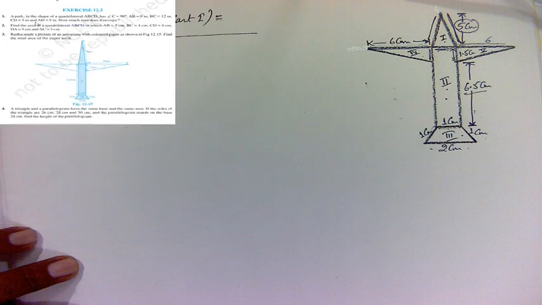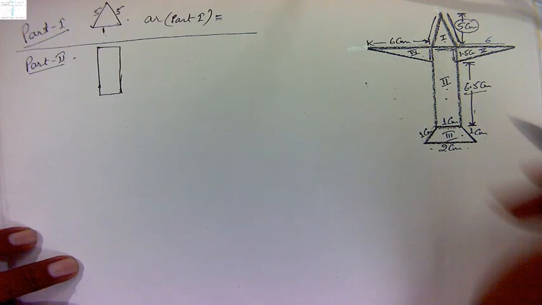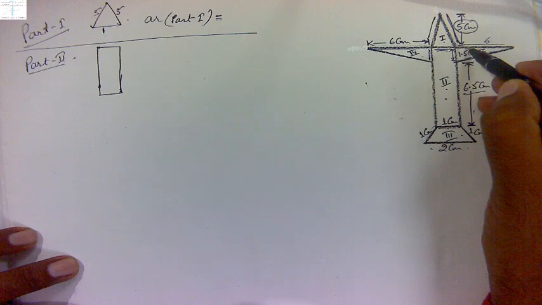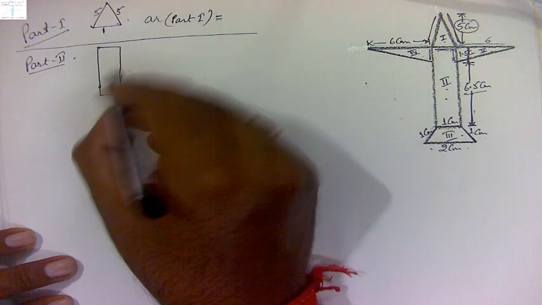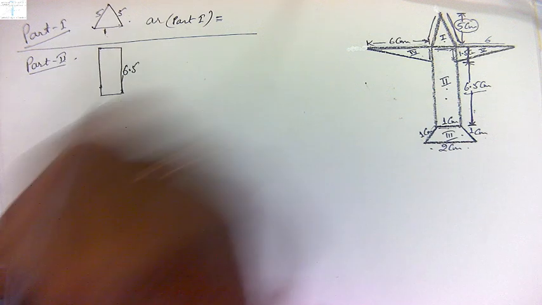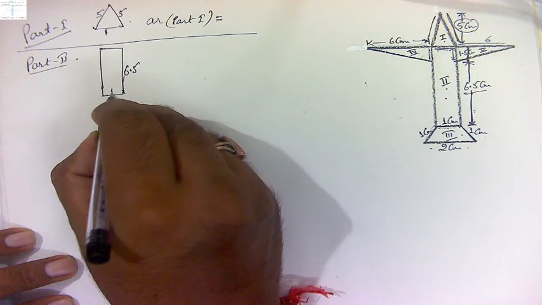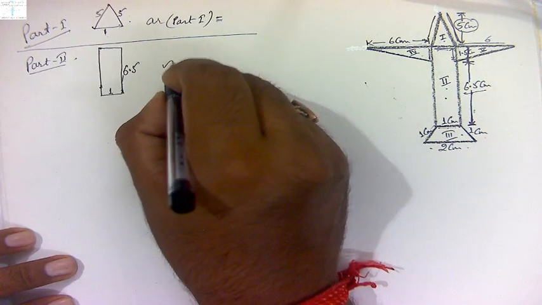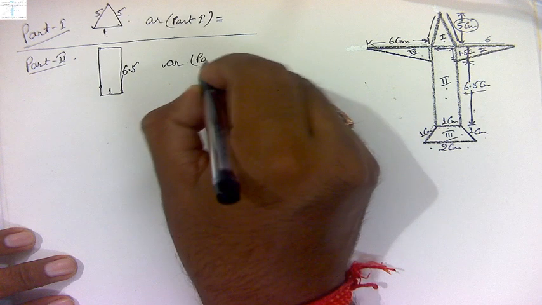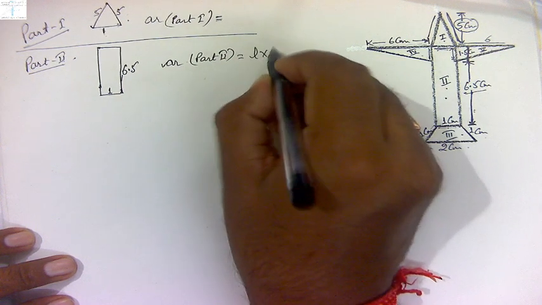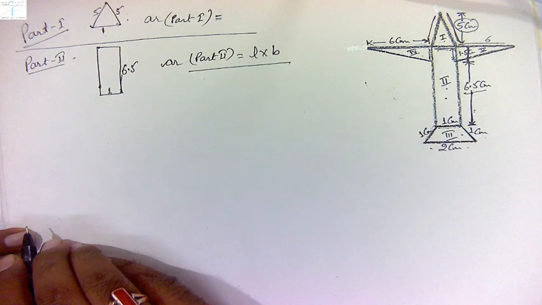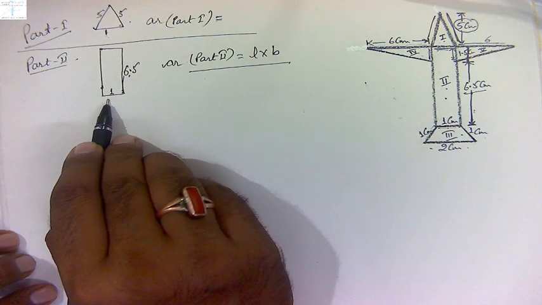So here I have made a mistake in this figure. So 6.5 is not here, this whole is 6.5. So the length of the rectangle becomes 6.5 and the breadth is 1. So you can have the area of this part 2 also. This is by length multiply breadth. Length 6.5, breadth is 1.